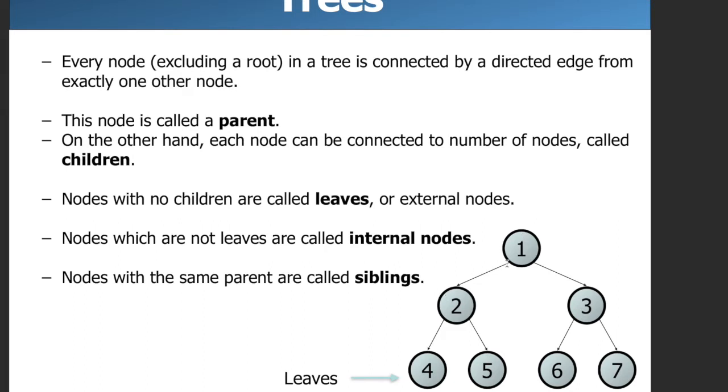Children means it has some link to the left and to the right node with actual nodes, right? And it's possible that a node doesn't have any children. It means this node is a leaf. You can see the bottom level.